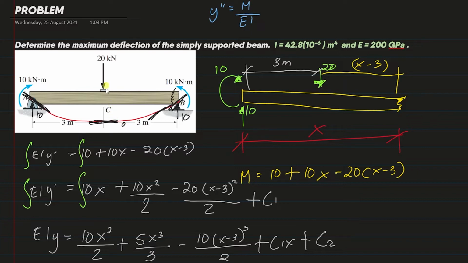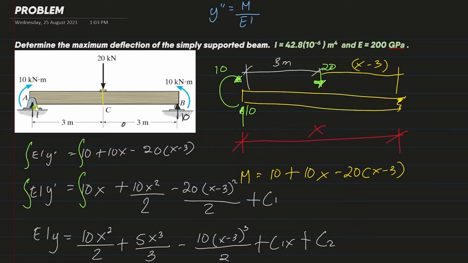Why? Because at the location of the maximum deflection, the slope is 0. As I discussed in our previous videos, when our beam is symmetrical, the location of the maximum deflection is exactly at the center.